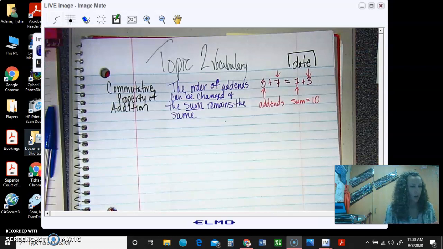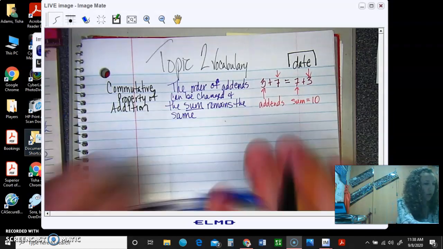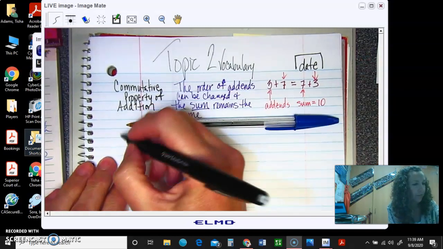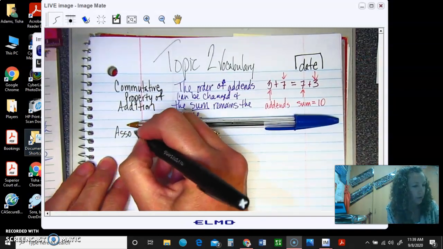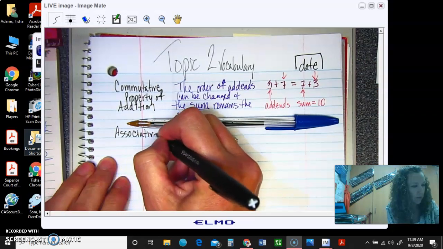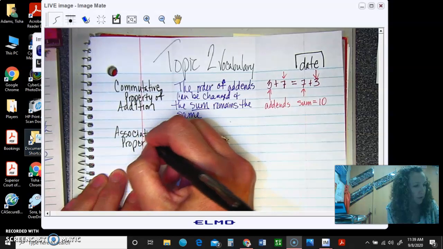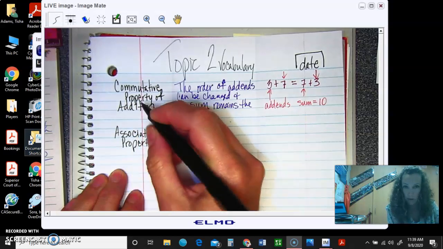All right. The next term that we need is the associative property of addition. So I'm going to skip one line to make sure. Associative property of addition.